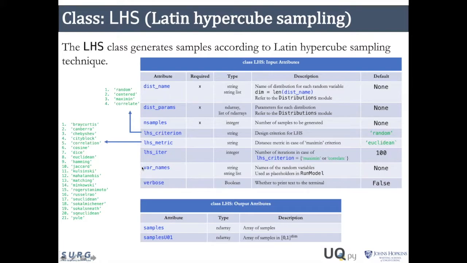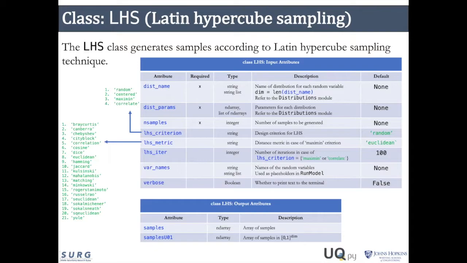Two optional parameters, like in the MCS class, are the names of the variables defined by the var names attribute, as well as the verbose. Now, similar to the Monte Carlo simulation class, the output attributes are the samples, the required samples, which is an array that has the samples that follow the prescribed distribution.